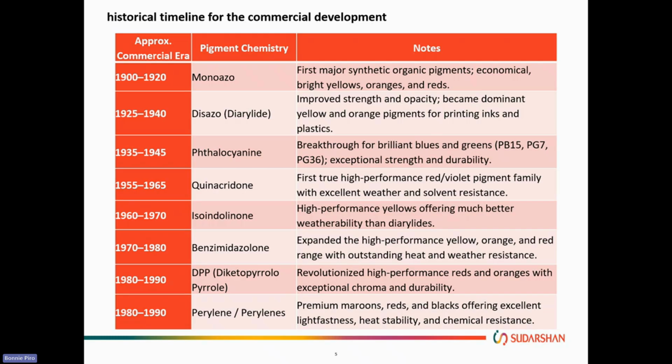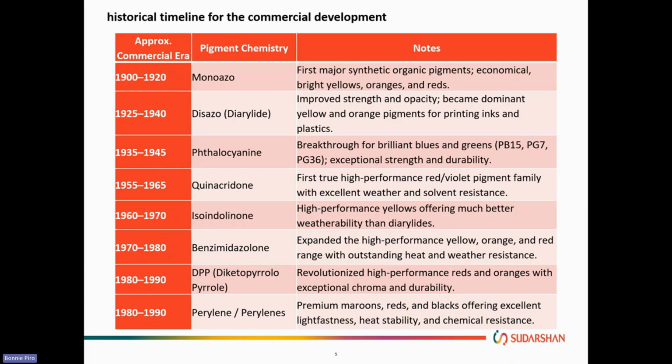The monoazos were the first major synthetic organic pigments introduced. Pigment Yellow 1, thus the name, was the very first synthesized pigment to be introduced into the marketplace. Diazos followed that. Phthalocyanines came after that.